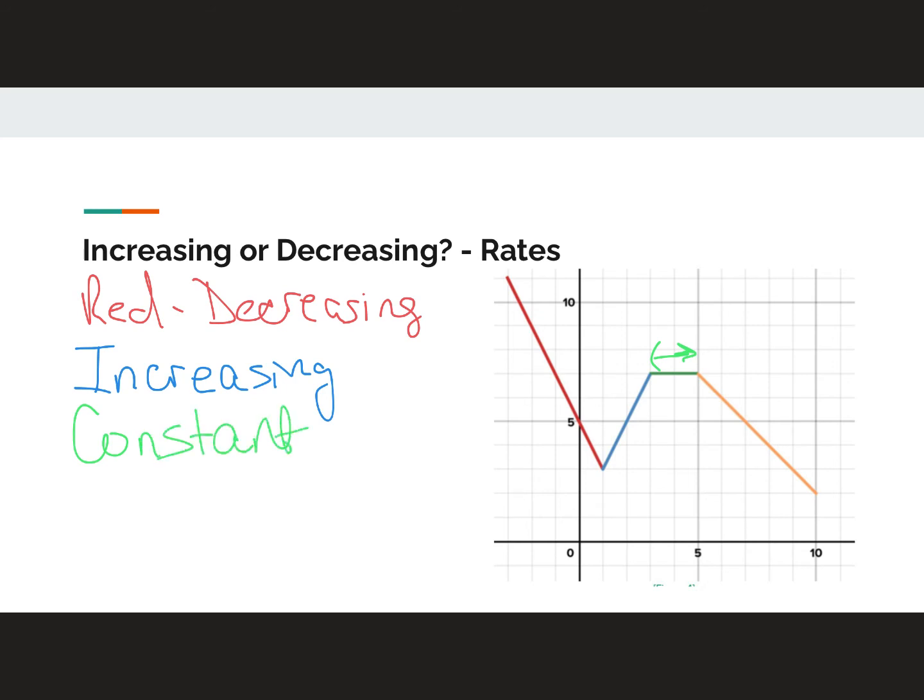Constant. It's not increasing or decreasing. Sorry, my handwriting is not very good, but it means it's just not increasing or decreasing. And finally, we have this yellow section. The yellow section, of course, is decreasing.